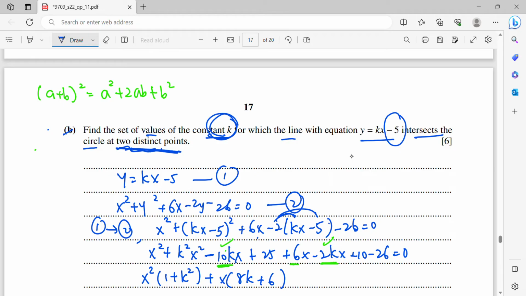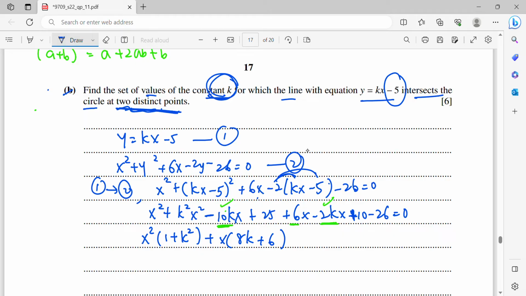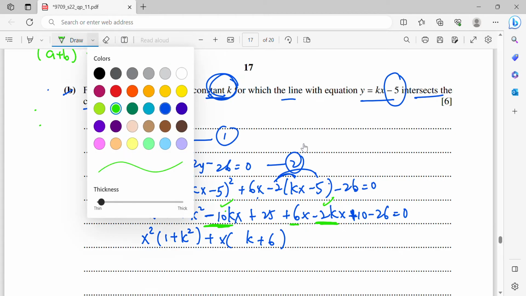Okay, here is plus 10. Mistake. So now, when I simplify, here is minus 10kx. Look at here. Minus 10kx. Here is minus 2kx. So when you get the total, it will be minus 12kx.